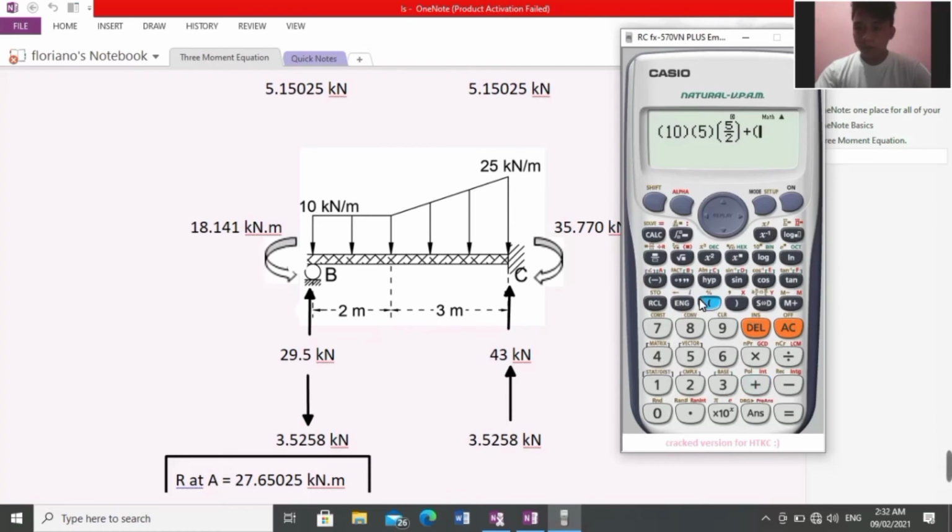Plus 1/2 times 3 times the height is 15. Diba? 25 minus 10 is 15. And the centroid is 2 plus the 2/3 of 3.